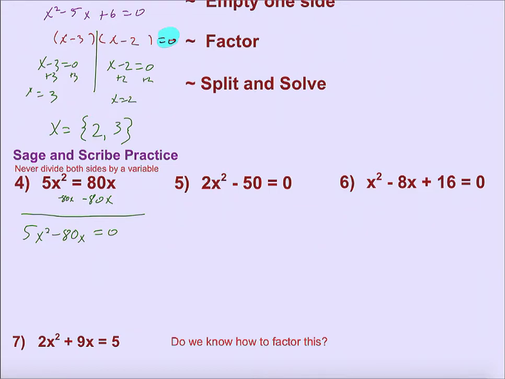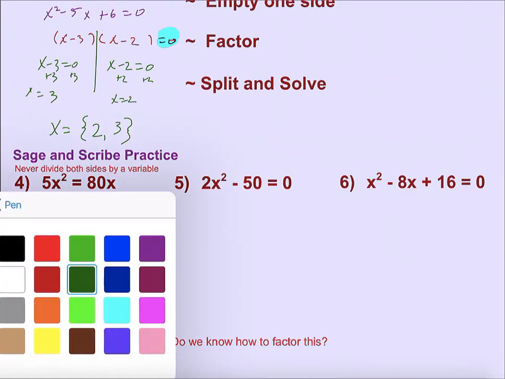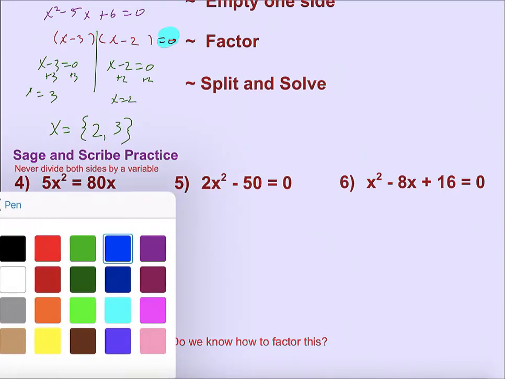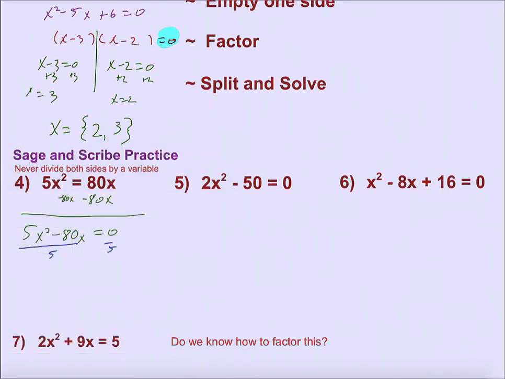Another trick, which is helpful, you don't have to do it separately in this case, but I'll show you how to because it does often make your life easier. If you have a number that you can divide by on both sides, do it. It makes your life easier. I can divide both sides by 5, so that it's just x squared minus 16x equals 0, because 0 divided by 5 is still 0.